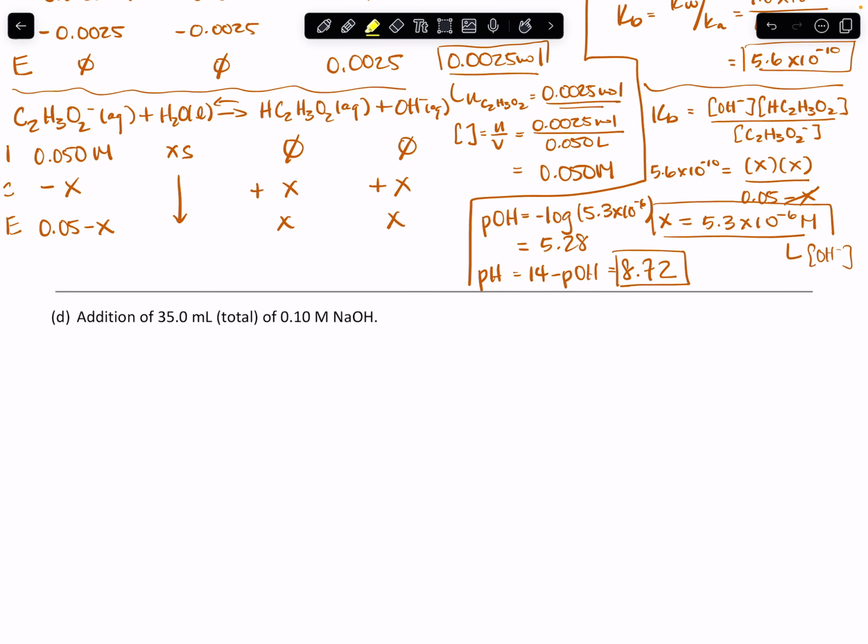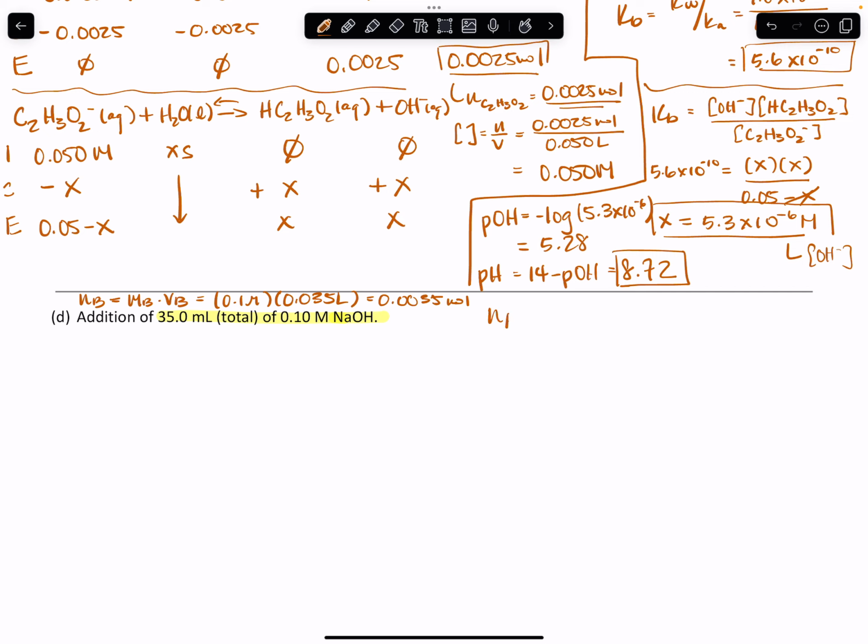All right, last step, addition of 35 milliliters total of that strong base. So amount of base is the molarity of the base times the volume of the base. This time we have 0.1 molar and 0.035 liters, so 0.0035 moles.